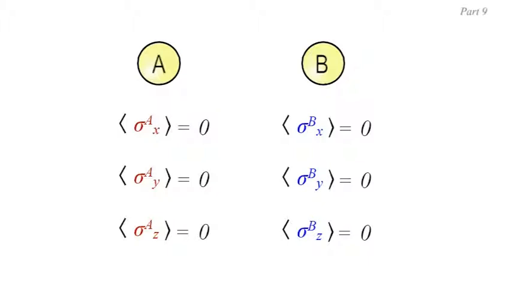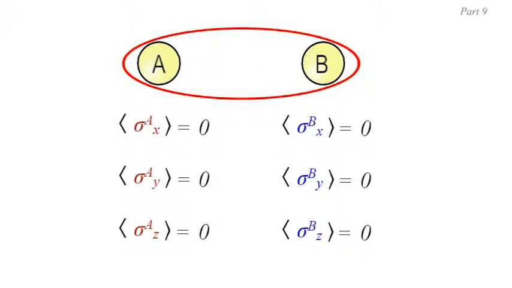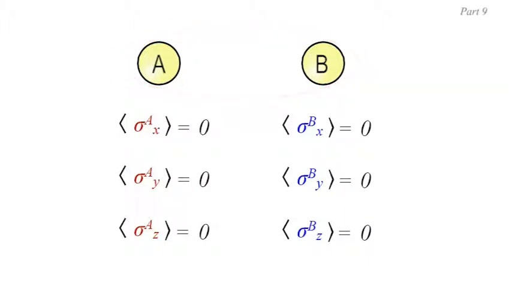If we say that the average of each of them is 0, then however you add them up to produce a value in another direction, it must also give 0. And the same, of course, can be said for electron B. We cannot say that either of these electrons individually has its spin pointing in any particular direction in space.